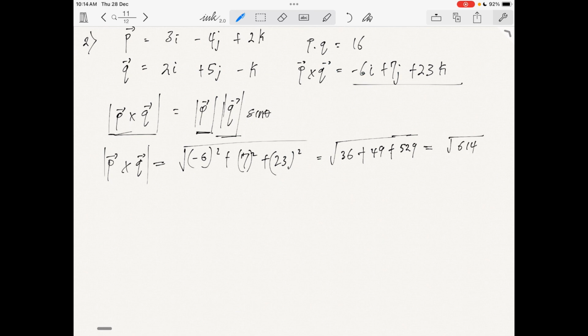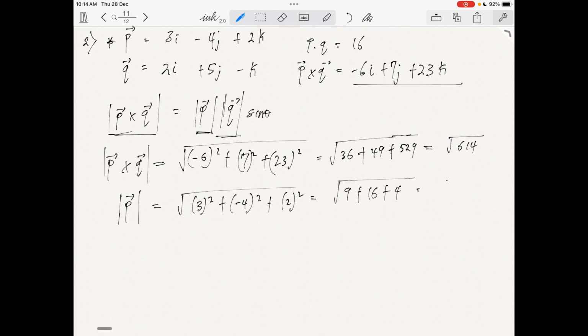Okay, now I want to evaluate the modulus of p. This is our p here. So that will give us the square root of 3 squared plus minus 4 squared plus 2 squared. And that will give me 9 plus 16 plus 4, and that should give me root 29.